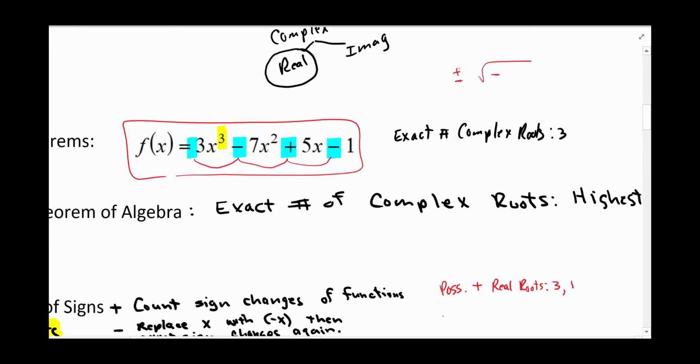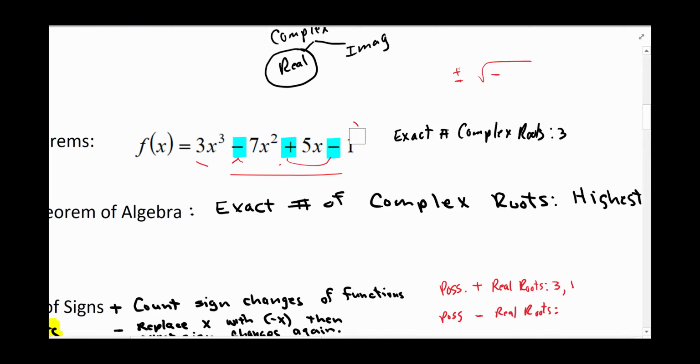All right, now when we find the possibility of negative real roots, what you're going to do, and here I'm going to erase all of this stuff, make that a little bit bigger, you're going to change all the x's to a negative x, so this would be 3 negative x cubed, subtract 7 negative x squared.